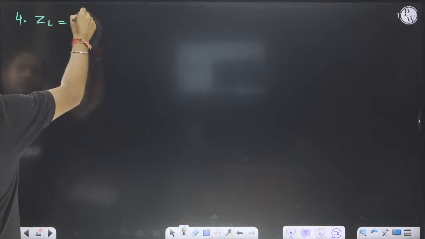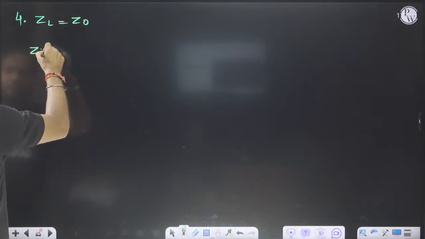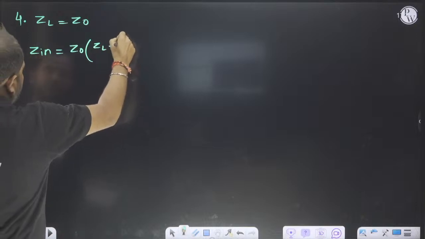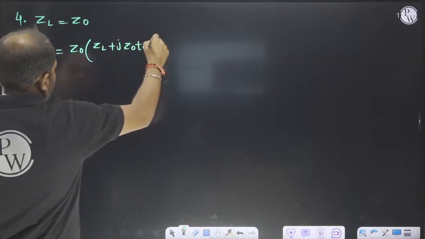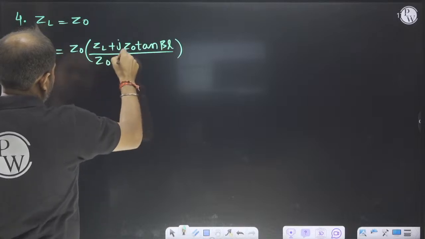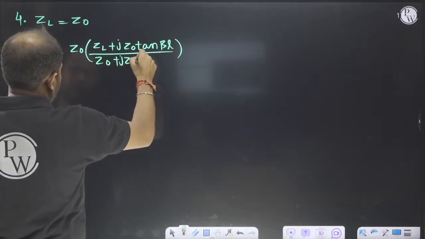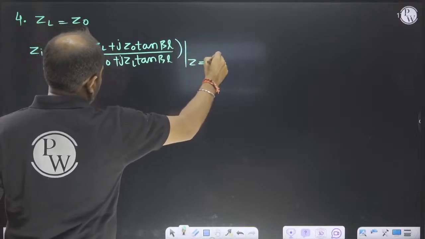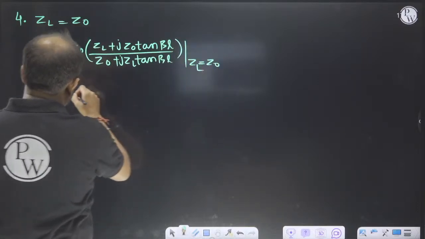So fourth case, ZL is equal to Z0. Zin will be equal to Z0 times (ZL plus jZ0 tan beta L) divided by (Z0 plus jZL tan beta L). I will put ZL is equal to Z0.